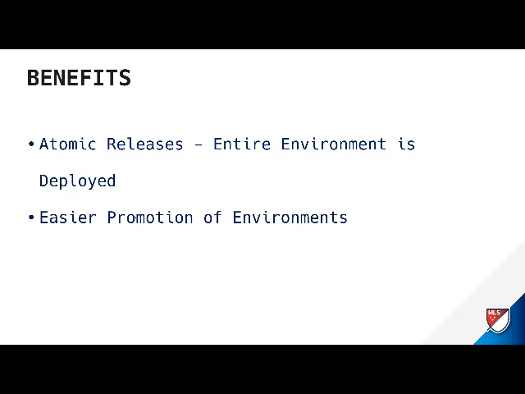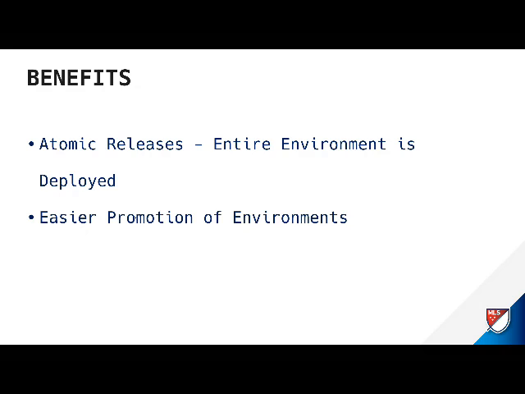The second one is easier promotion of environments. Because everything is perfectly wrapped up, it's very portable. So it makes it very easy to have staging environments or dev environments and integrate your build. When you commit some code to develop or to master, or whatever your Git flow is, you can just push these containers right out to the corresponding environments.